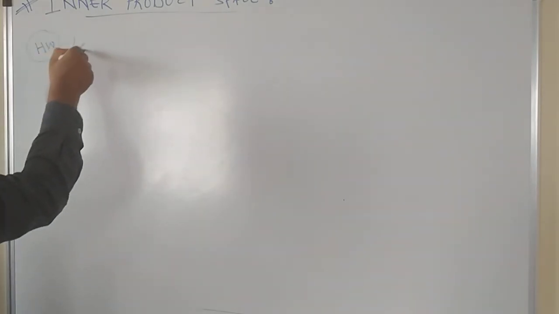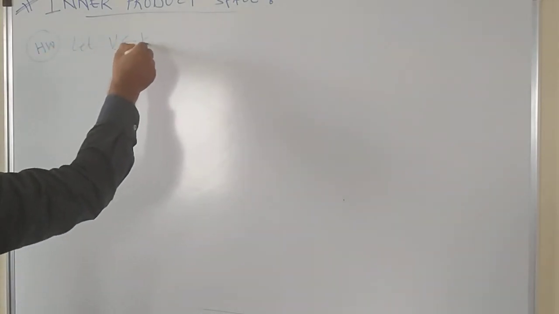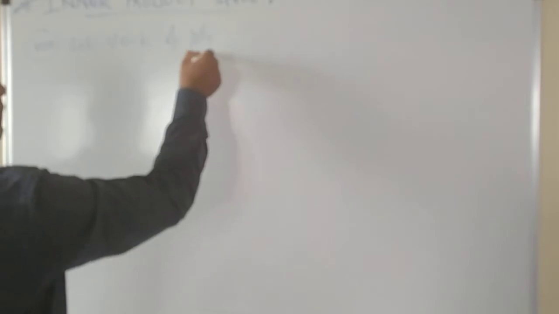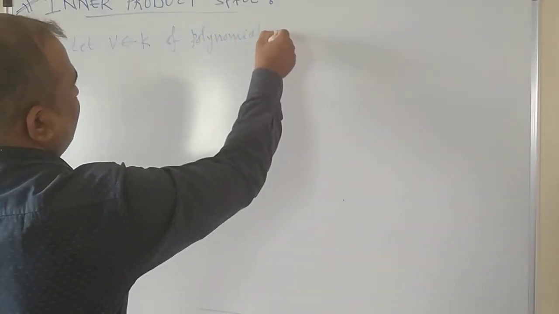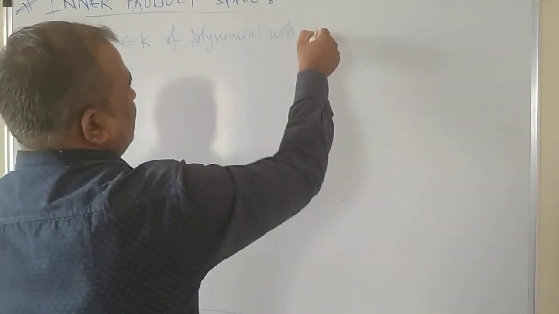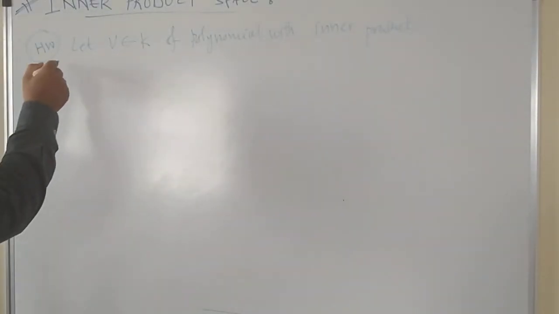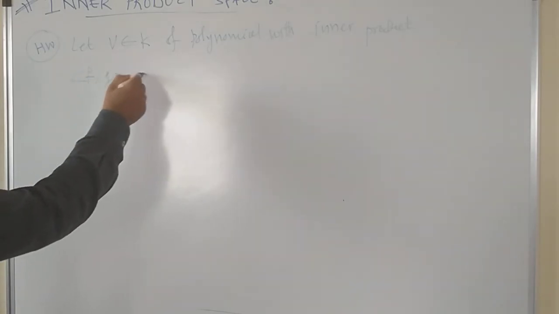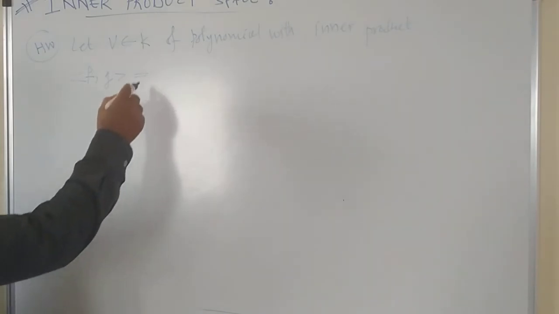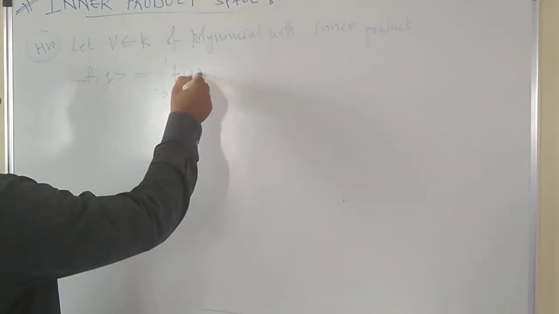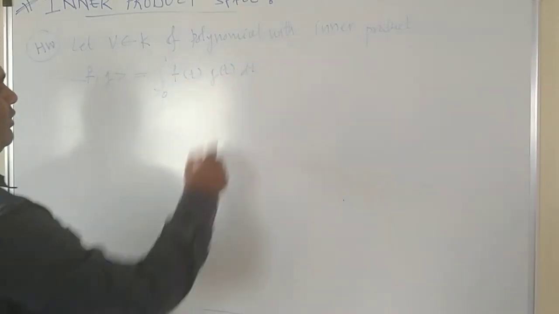Let V be the vector space of the polynomial with inner product given by the inner product of f and g, which is equal to the integral from limit 0 to 1 of f of t and g of t dt.